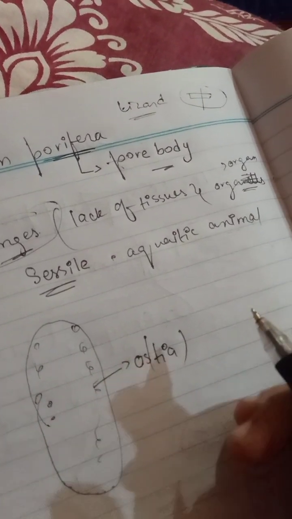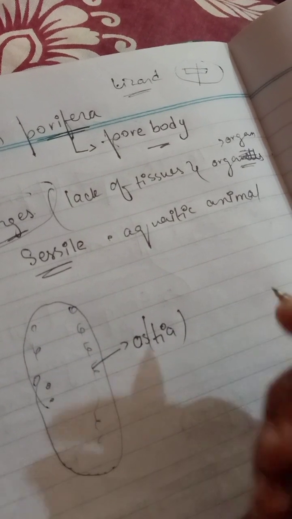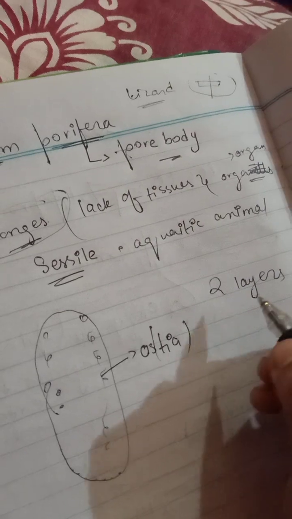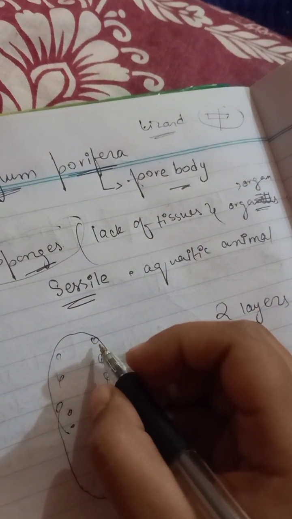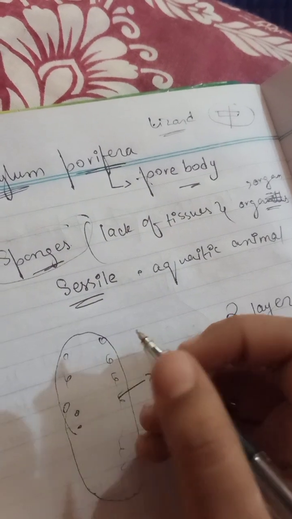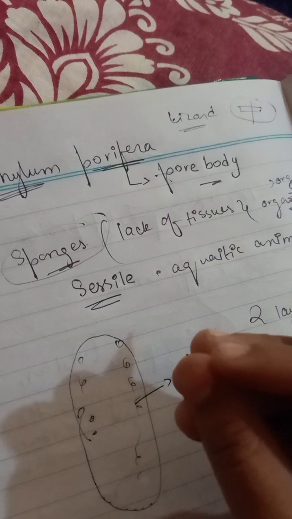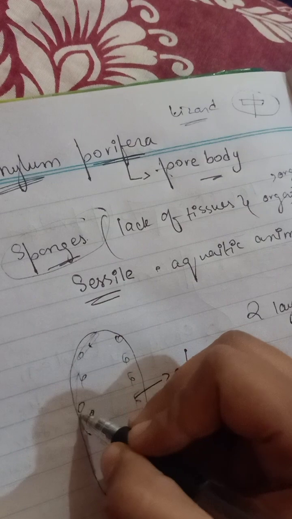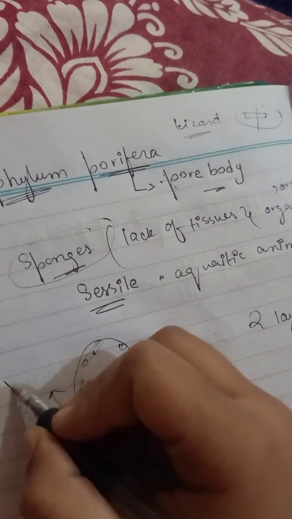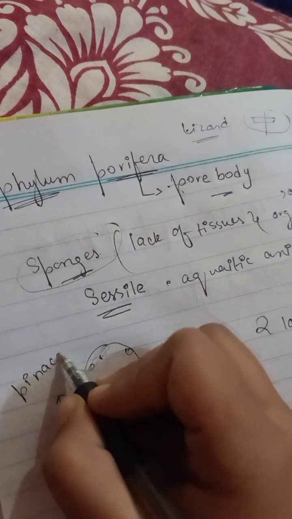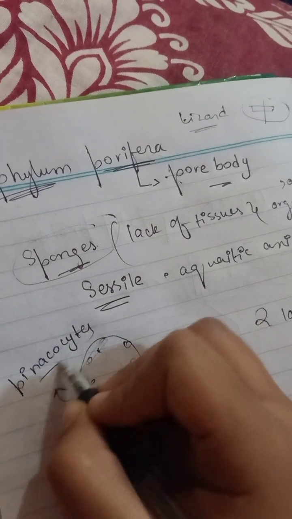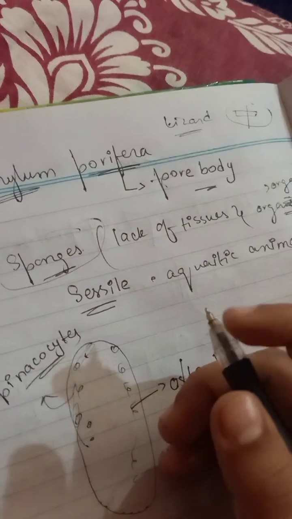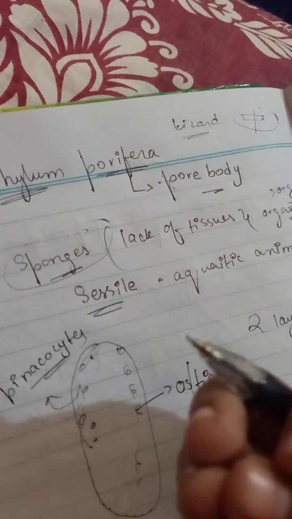Sponges have two layers. The outer layer is called the pinacocytes, also called flattened epithelial cells.